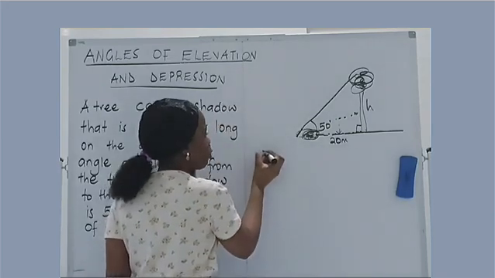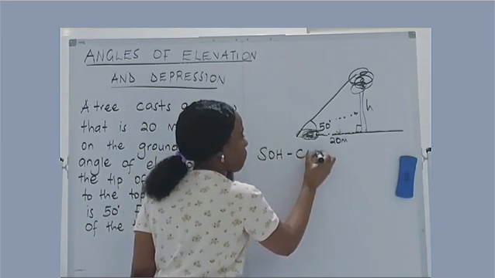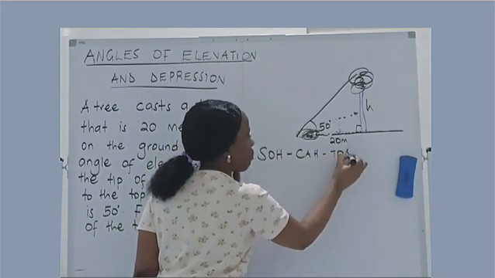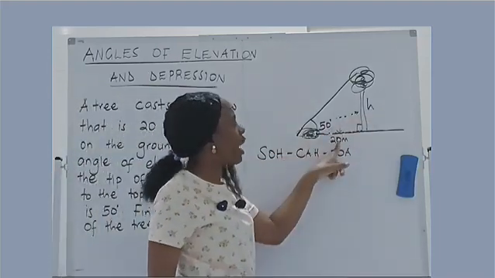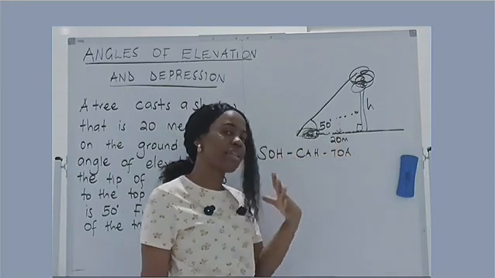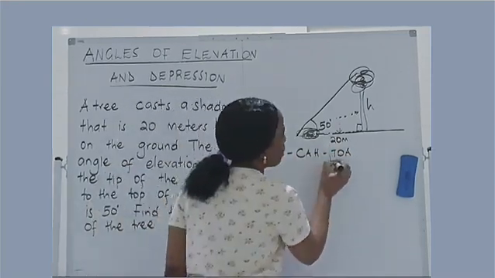So here we are going to use SOHCAHTOA. Now which trig ratio has the opposite and adjacent? Because I'm interested in finding the height of the tree. So we are going to use tan.